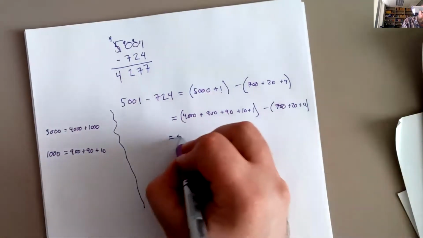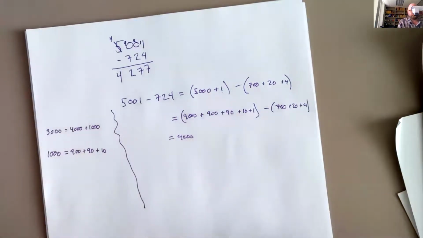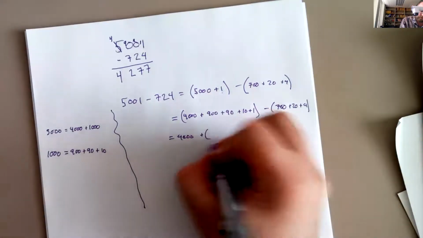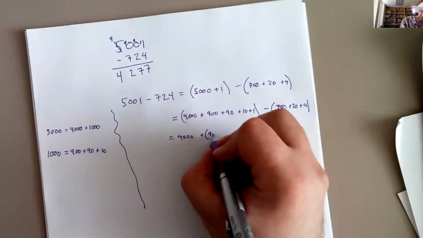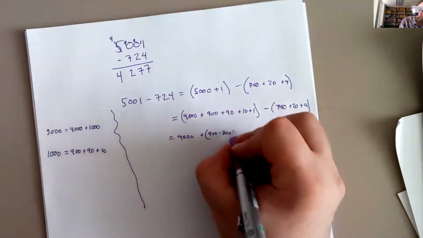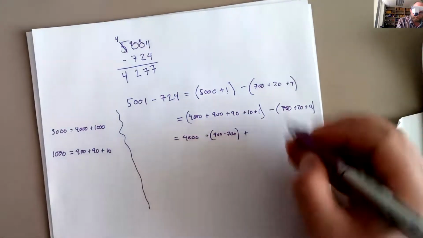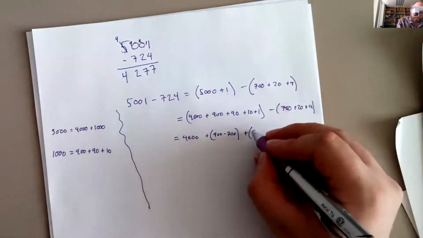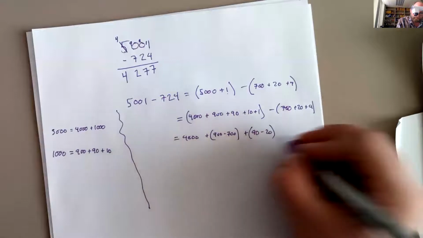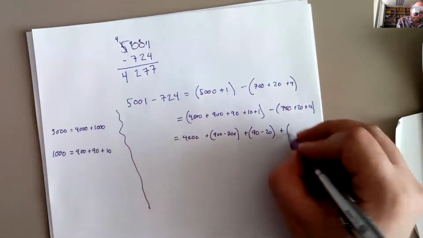So I get 4,000 plus 900 minus 700 plus 90 minus 20 plus 11 minus 4.